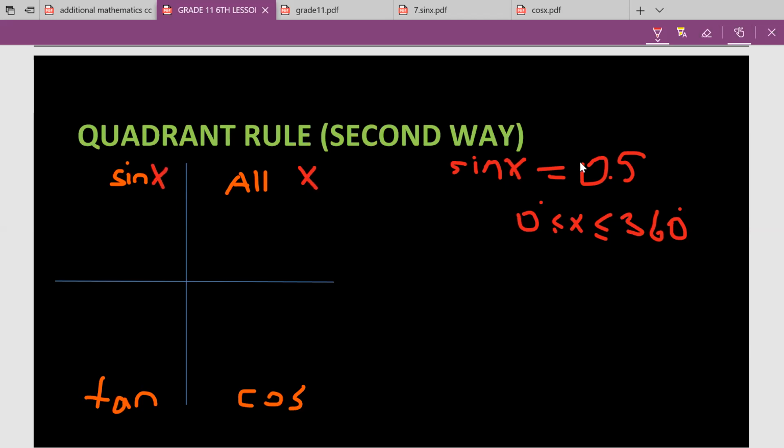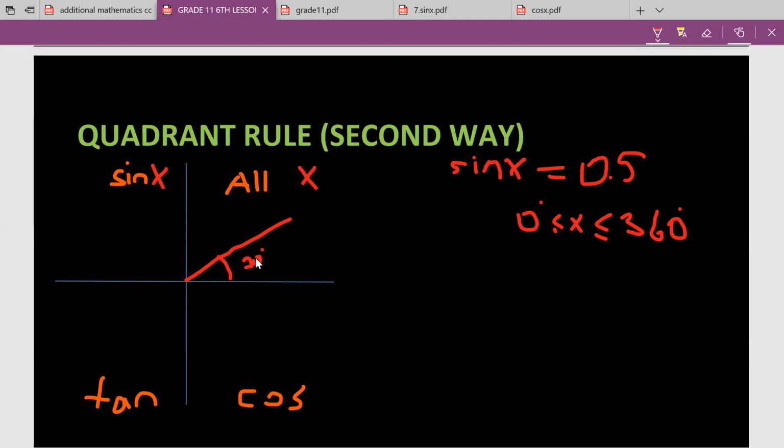So the solutions of sine x equals 0.5 for this function, two solutions we have in the first quadrant and second quadrant. So when you look at first quadrant, what is the value of it? When you use calculator, it will give us an acute angle. It's 30 degree. It's here, isn't it?